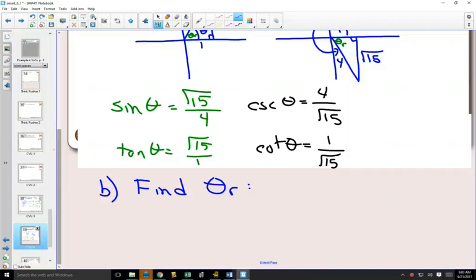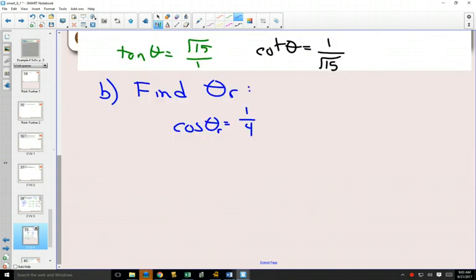I'd probably also choose cos because that was one of the first things that we figured out, so there's less chance of us having made a little mistake along the way. So if we know that cos of theta is equal to 1 over 4, or cos of our reference angle is equal to 1 over 4, how do you find your reference angle? What would you do on your calculator?